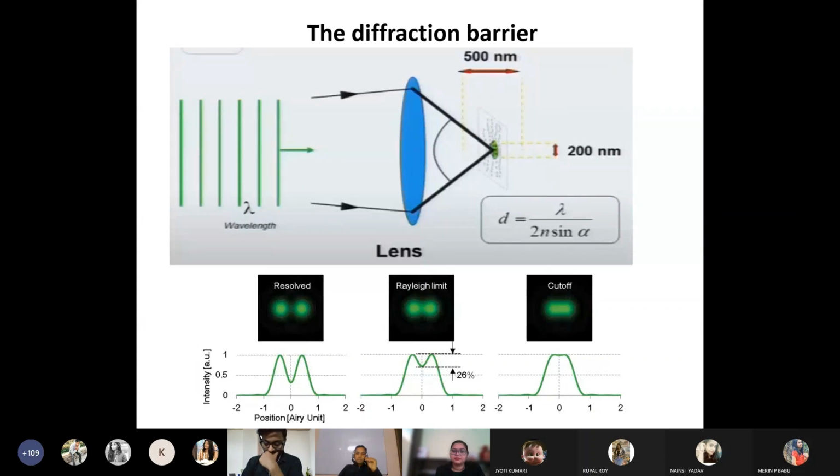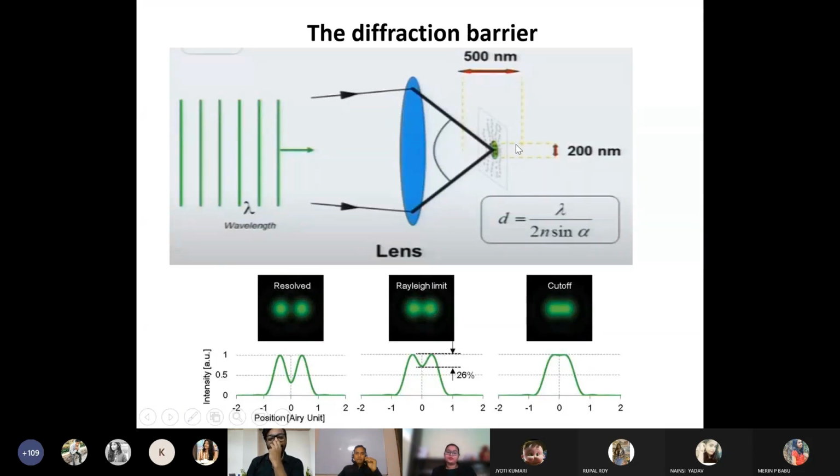Okay, so let's talk about the diffraction barrier. If we are using a simple light source and we are trying to illuminate all the cells simultaneously, you can see that there is a 200 nanometer diffraction barrier.